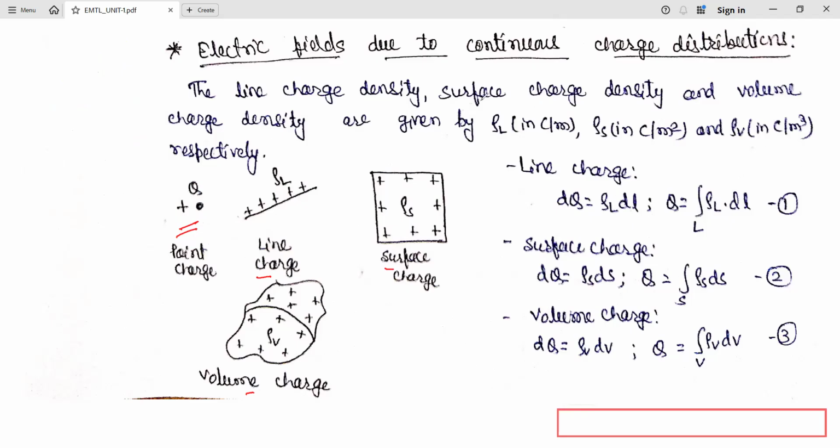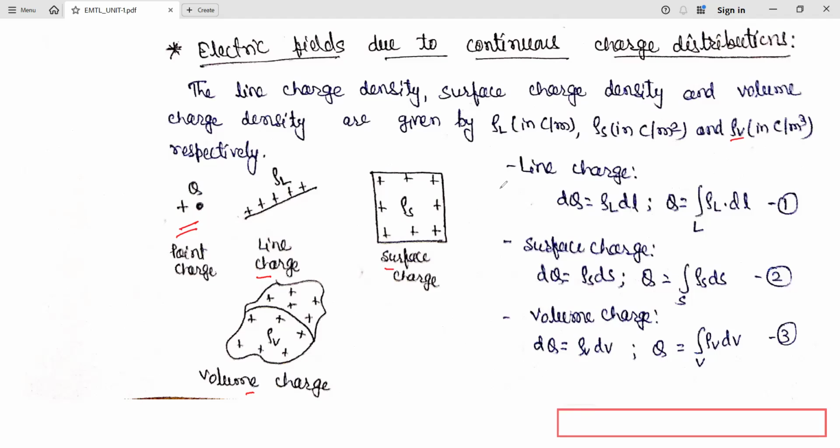In that case we use the concept of charge density. Rho L is the charge in coulomb per meter, rho S is the surface charge density in coulomb per square meter, and rho V is the charge density in case of volume, coulomb per cubic meter.